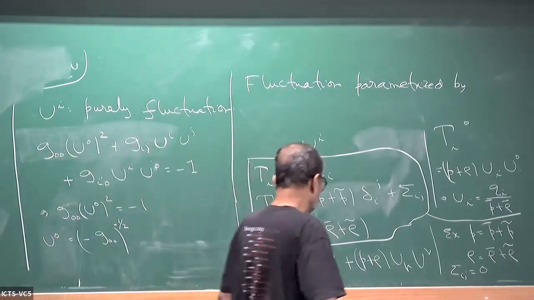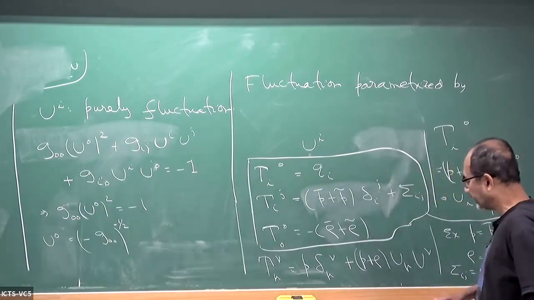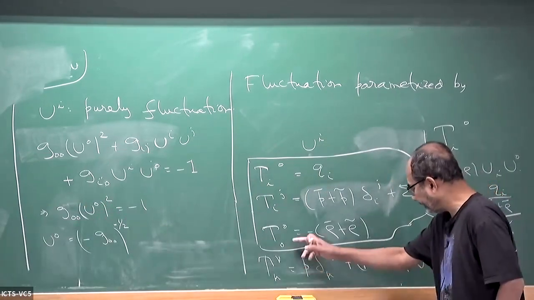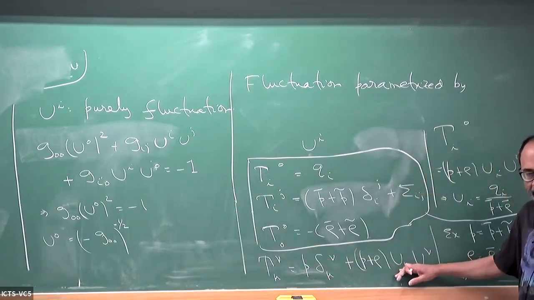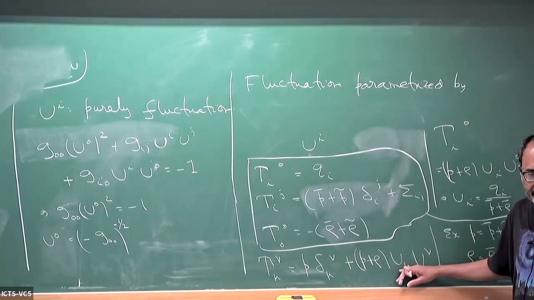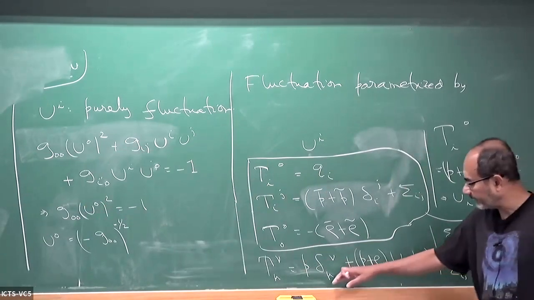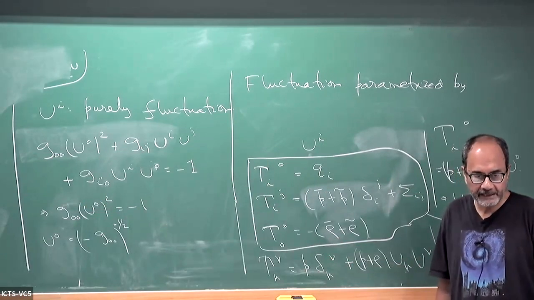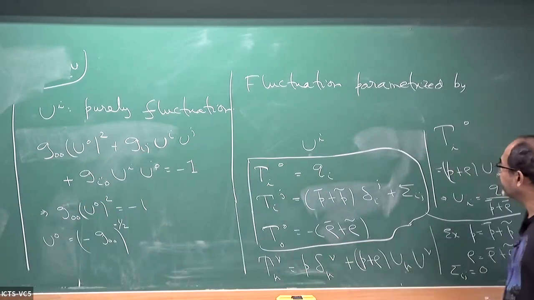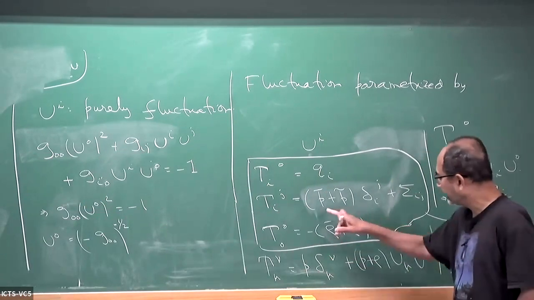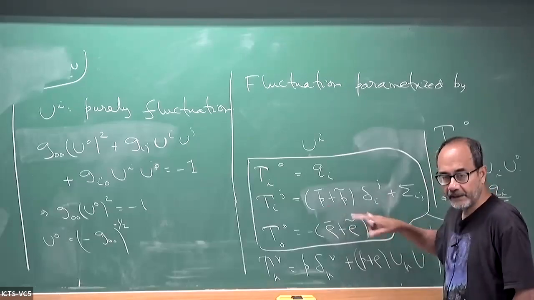Sigma ij equals 0 because Tij, if you calculate, this part is not there. Uj is quadratic already, so this part is not there. Everything is proportional to delta mu nu, delta ij, and that basically shows, comparing with this, that only this part is non-zero.